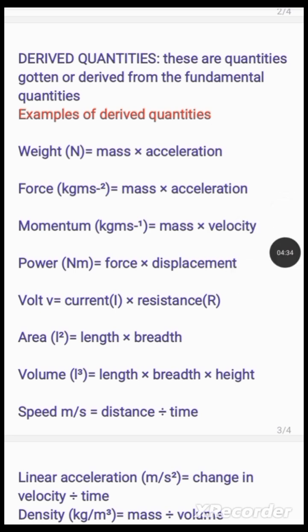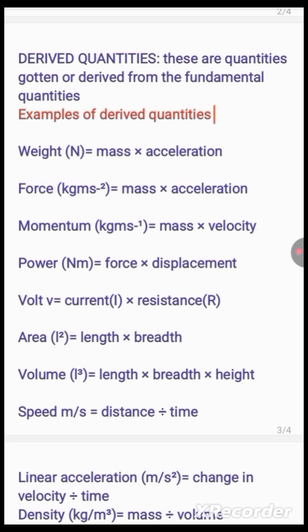The next one is force. Force is a derived quantity gotten from the product of the mass of a body times its acceleration. The mass of a body and how fast the velocity of that body is changing, the product of both of them would give you the force.